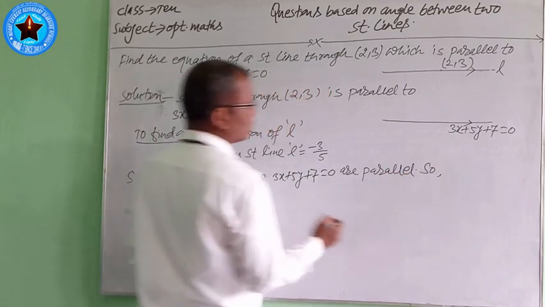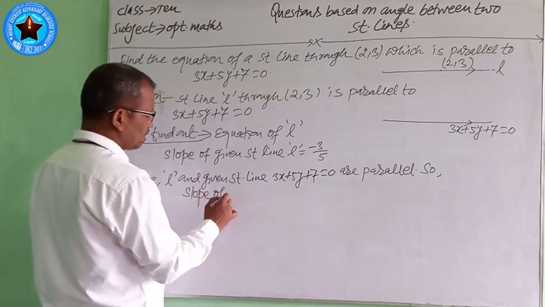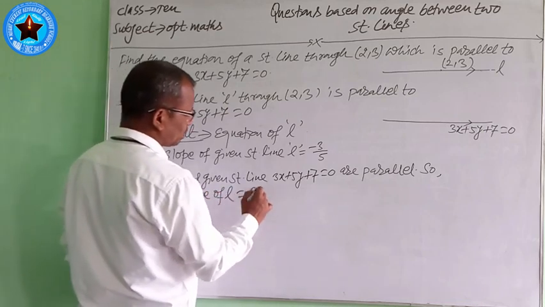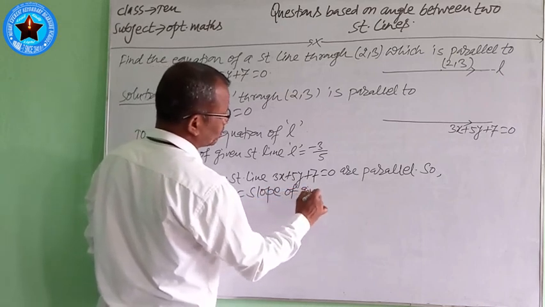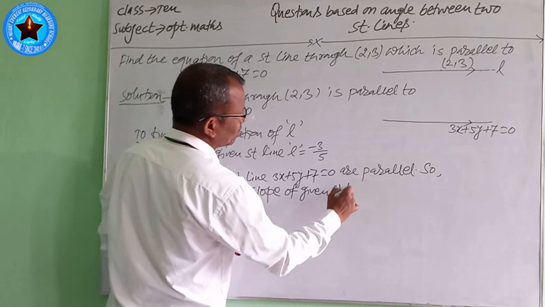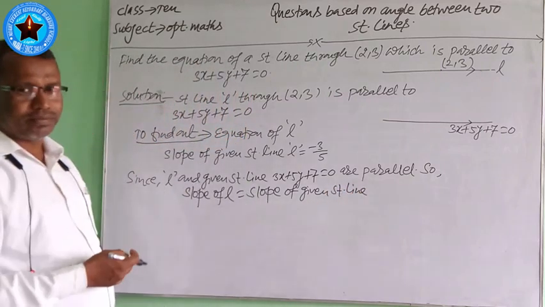So here the slope of L equals the slope of the given straight line, because we know when straight lines are parallel their slopes are equal.